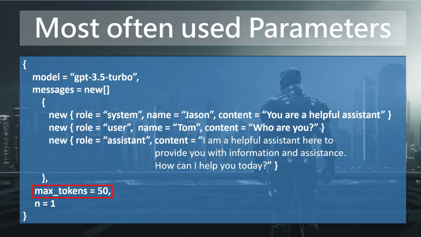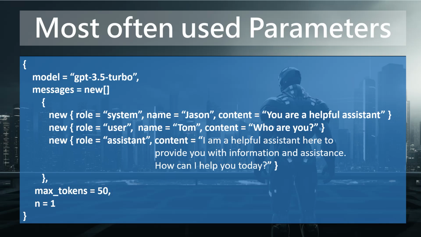The max tokens parameter is optional, but I suggest you specify a number, especially when you ask the GPT model to generate a long content response, such as asking it to write a 1,000-word article. Because the bigger the number, the slower the response.